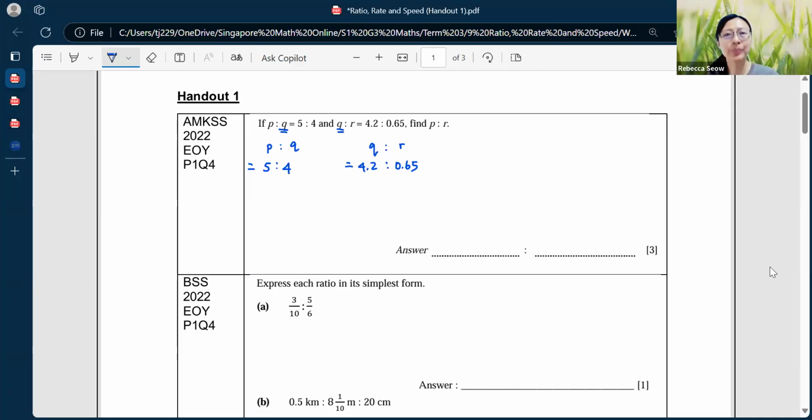So if I look at 0.65, I need to move the decimal point two times to the right to get that decimal point out. So this means that I have to multiply the ratio by 100.